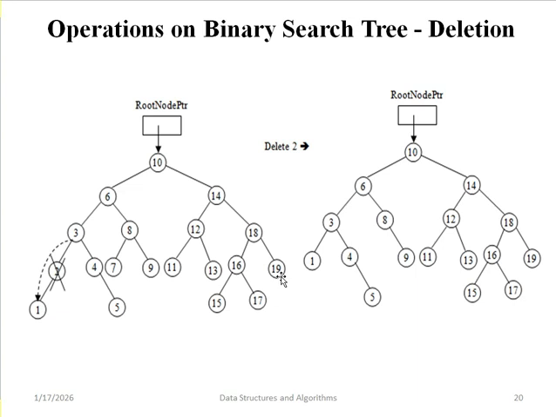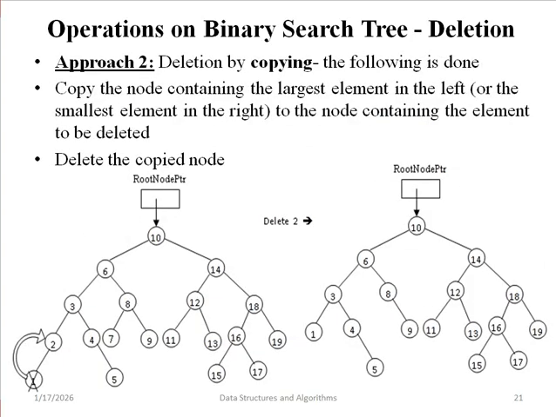What if we have another condition? Okay, we will see. Deleting by copying can also be done. What does this mean? In deletion by copying, we first copy the child of the node to be deleted onto the node to be deleted.